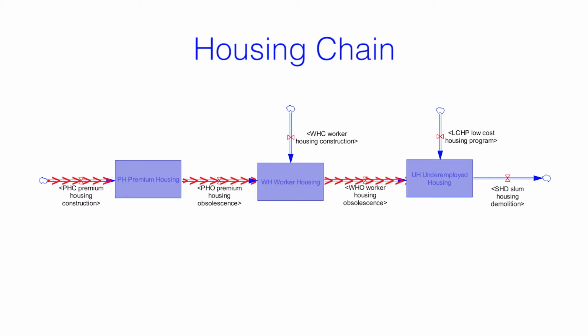And in this particular chain you have the lowest number of people per housing unit over on the premium side, and as you move this direction the number of people per housing unit actually increases. The density of people in the household increases as you move this way.